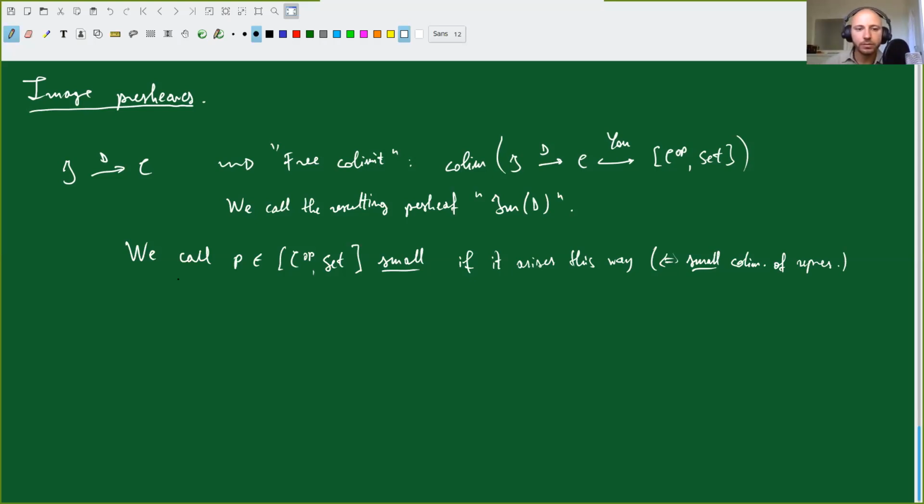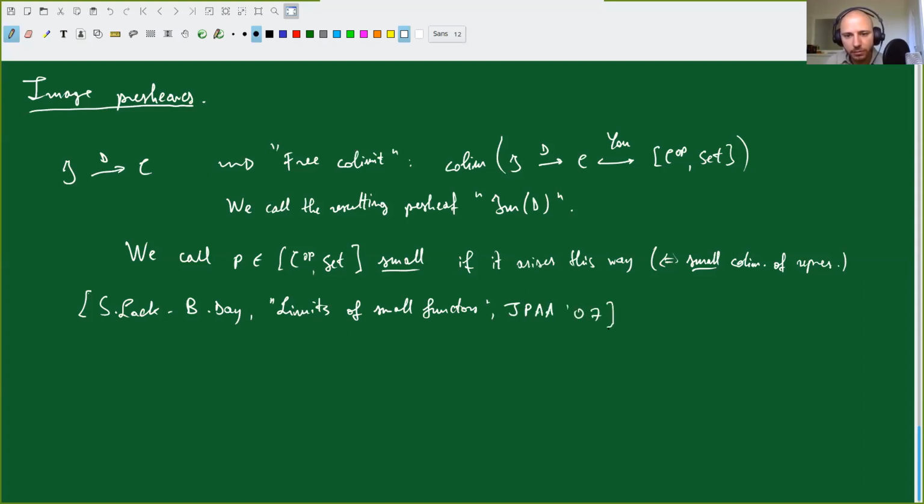Okay, so small presheaves have been studied by, let me give a reference, Brian Day and Steve Lack. The reference should be Limits of Small Functors, in the Journal of Pure and Applied Algebra, 2007.